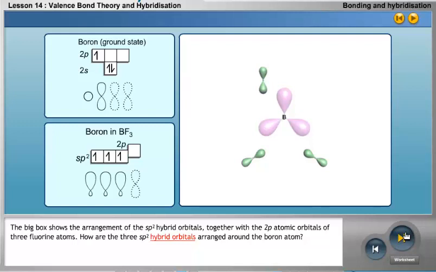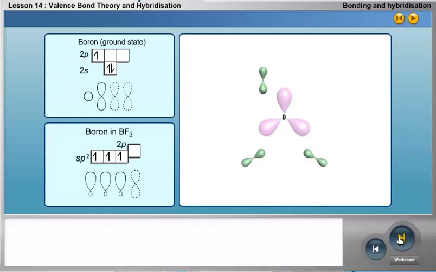How are the 3 sp2 hybrid orbitals arranged around the boron atom? Answer: in a trigonal planar shape. Click the forward button to see the boron and fluorine orbitals overlap.